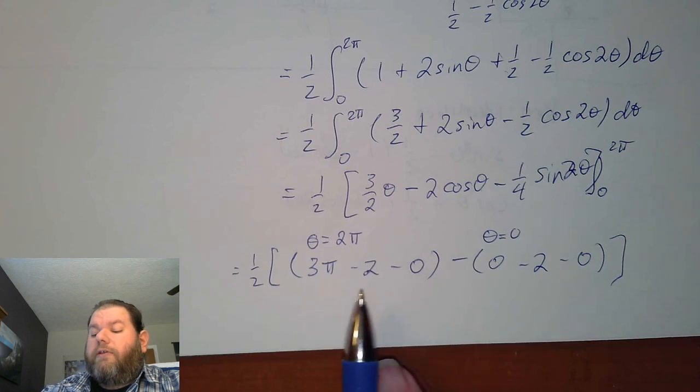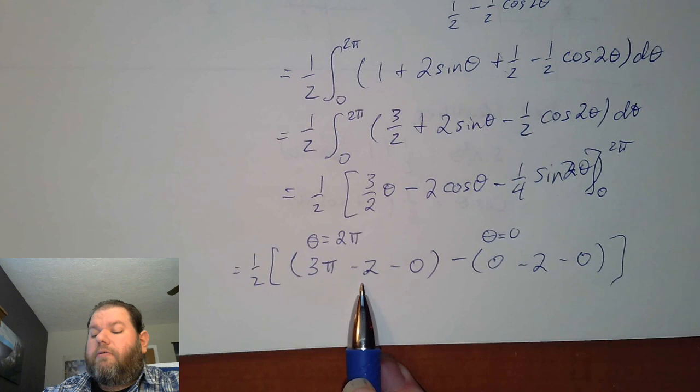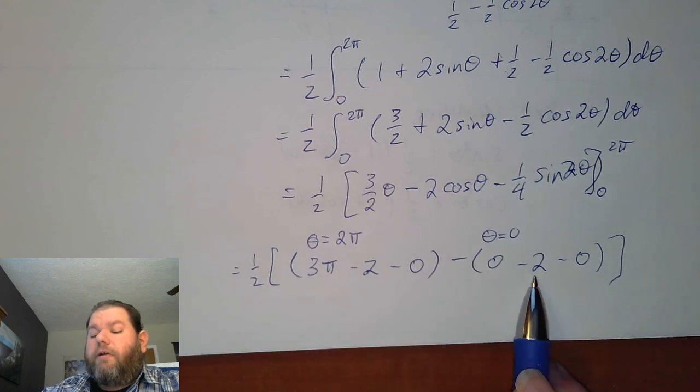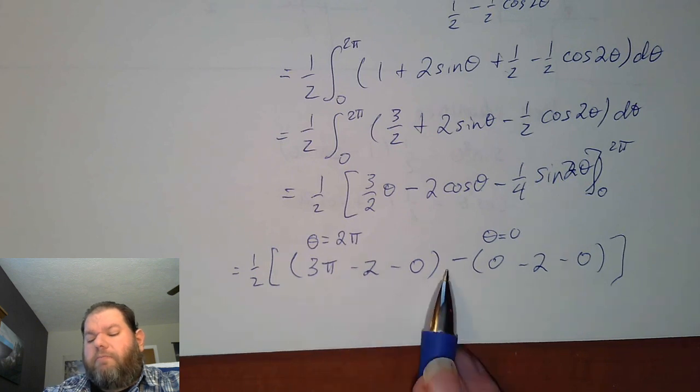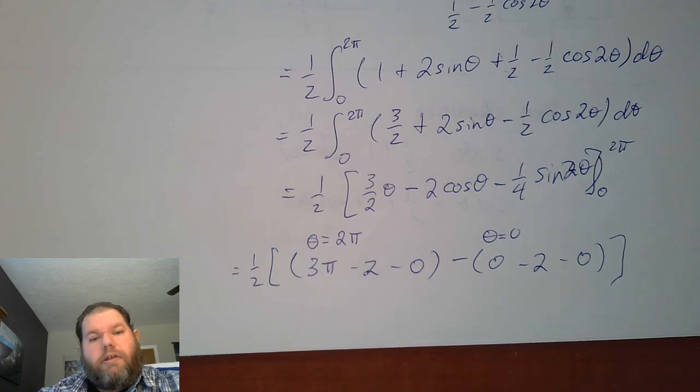So let's see, this is 3 pi minus 2 minus a negative 2. Do those cancel? Minus 2 plus 2. Yeah, so those will cancel out. Is that right? Yeah, that's right.